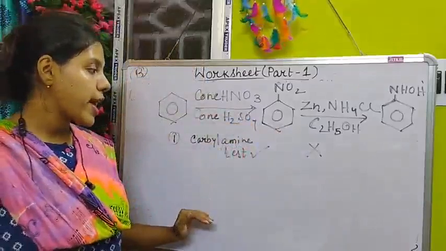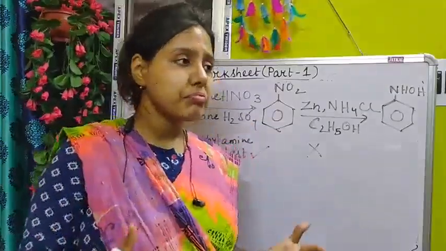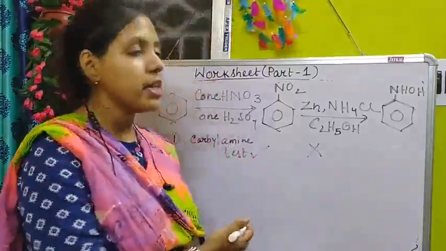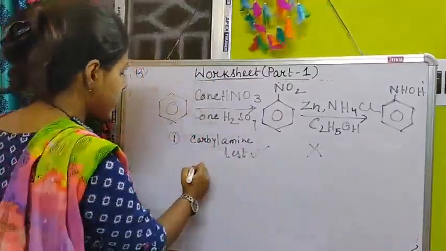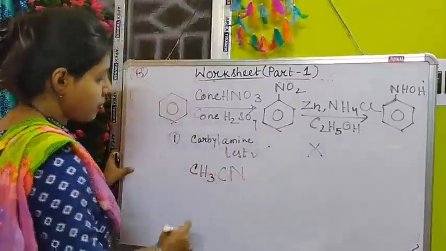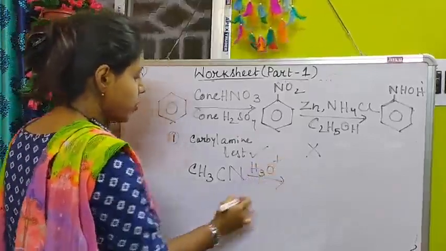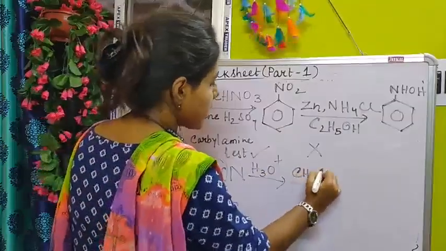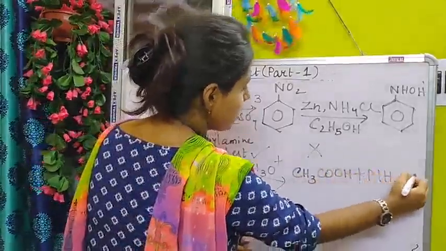But methyl isocyanide does not respond to this test. Okay, a second type of reaction you can write here: the hydrolysis. After the hydrolysis of CH3CN, my ink has finished, otherwise I would show. If we hydrolyse CH3CN, then we get one acid, that is CH3COOH, and NH3.